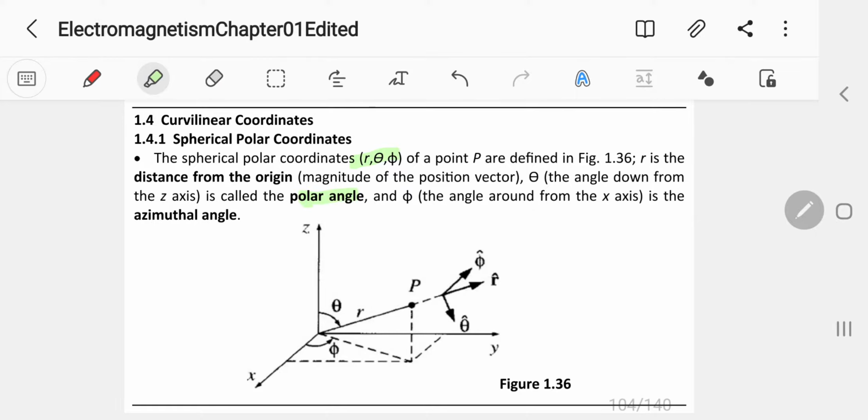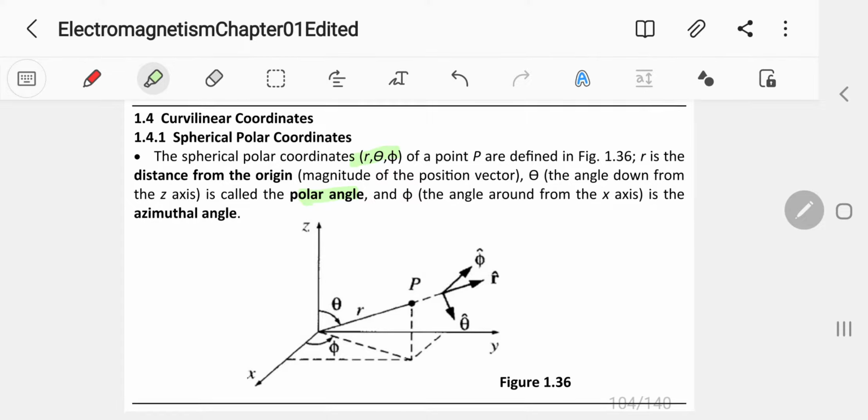And then you have the azimuthal angle phi, and that's measured from the x-axis to the projection of the vector r towards P.